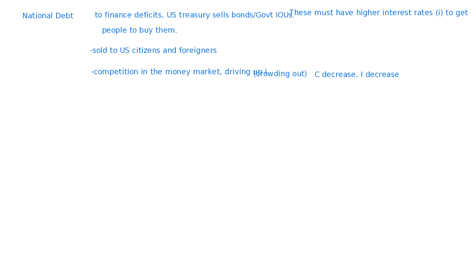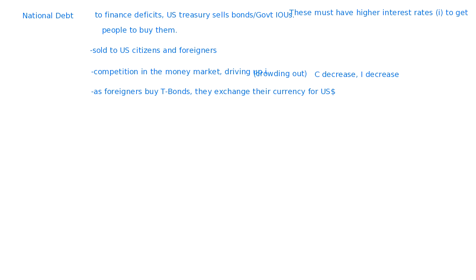Okay, so as foreigners buy the T-bonds, they exchange their currency for US dollars. Okay, so foreign currency, they're taking their euros, they're exchanging them for US dollars, using the US dollars to buy the bond.